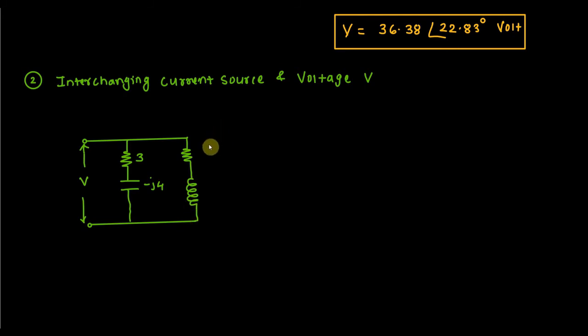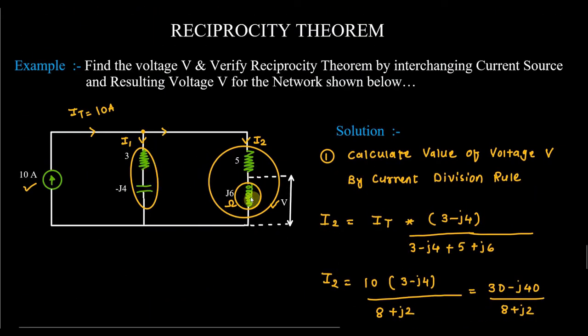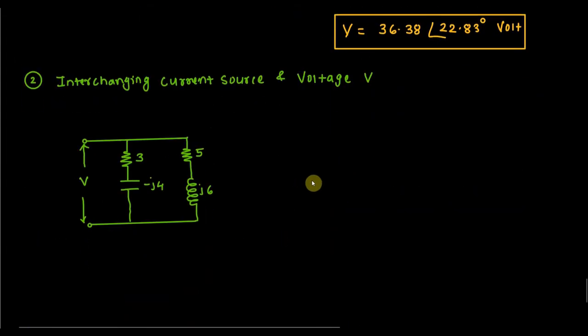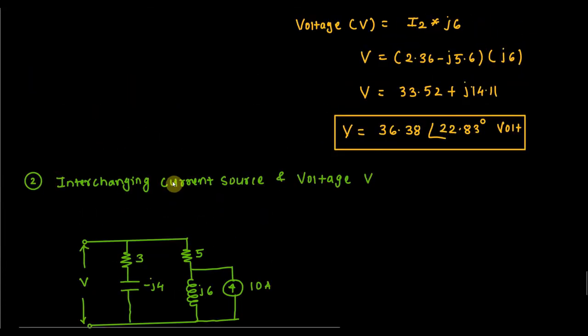The value of that resistance is 5 and J6. You can see 3 minus J4, 5 and J6. And instead of that V, now there is a current source. So you have to make it like this. This will be the current source, and the value of that current source is equal to 10 ampere.